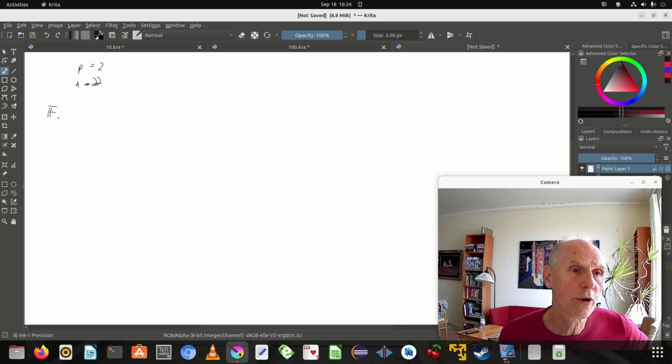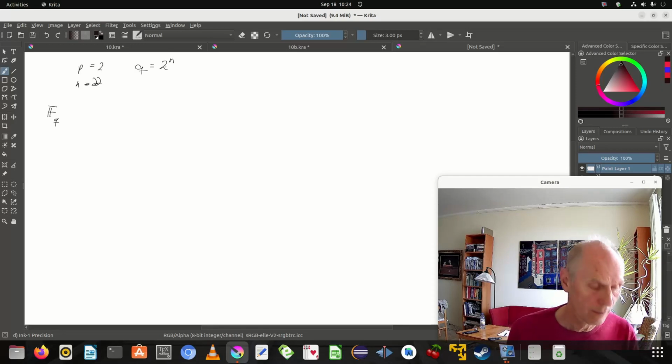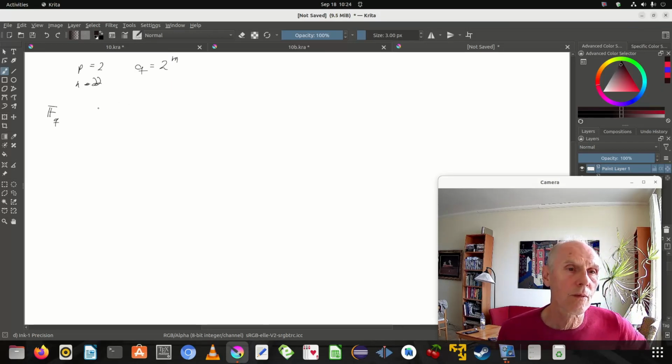And of course we still work in Fq, where q is some power of p. And this poor number here, let's call it m. Then the equation is, and -1 is the same as +1.